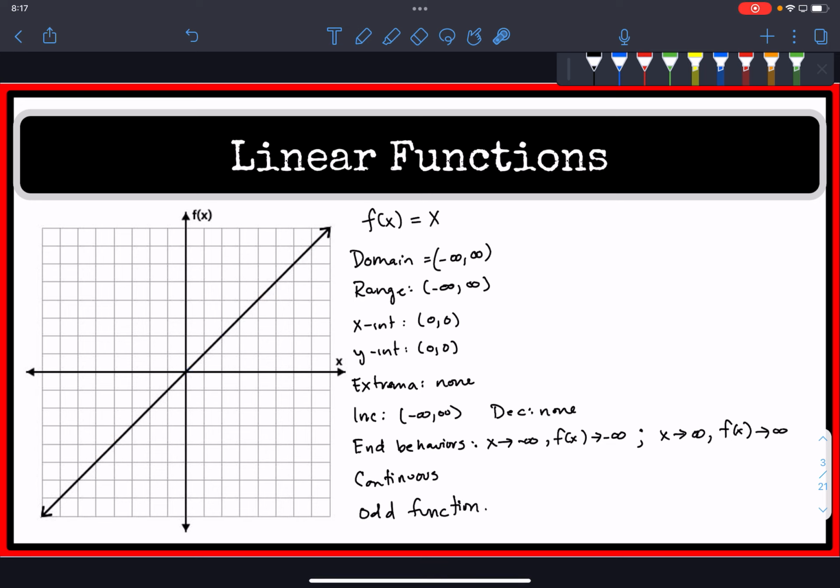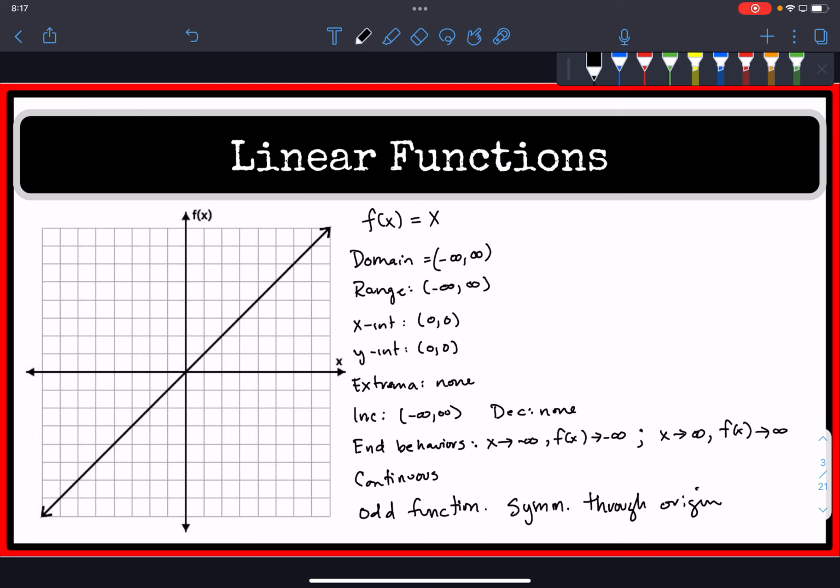So anything that has symmetry through the origin is referred to as an odd function. Origin symmetry, or symmetrical through the origin. Again, through 0, 0.